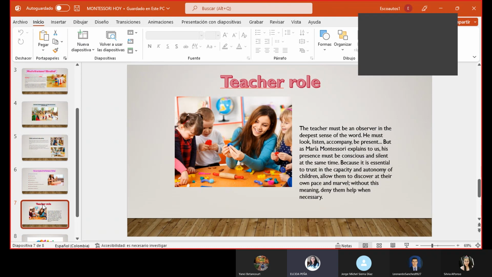But as Maria Montessori explained, their presence must be conscious and silent at the same time, because it is essential to trust in the capacity and autonomy of children. Allow them to discover at their own pace and marvel, letting them help when necessary.